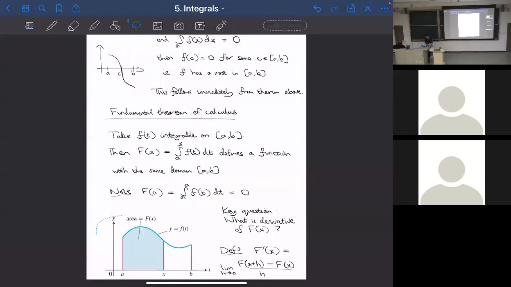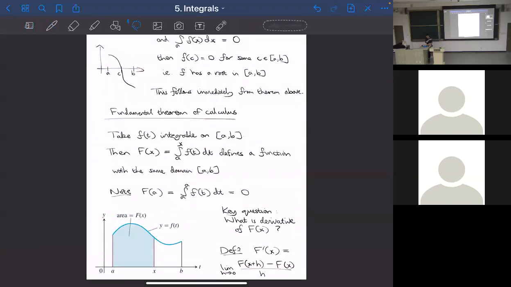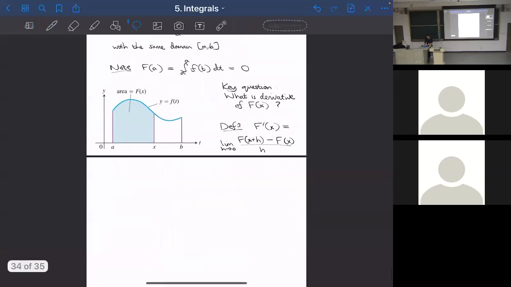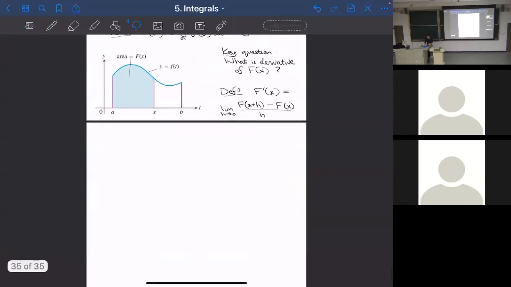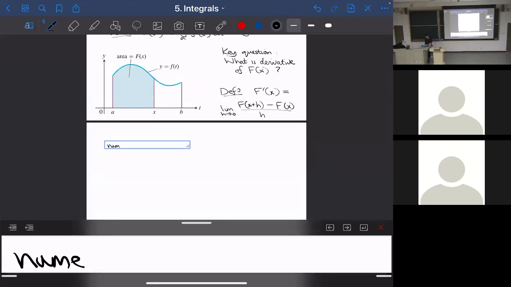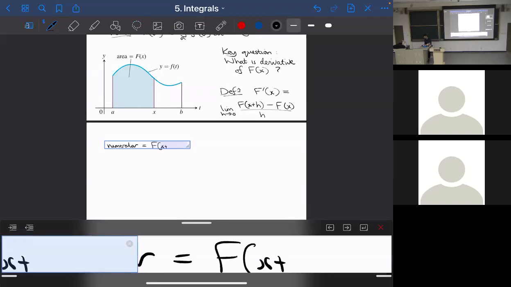Now, I've not drawn the function big F here, I've drawn the function little f. But we can evaluate this limit. So let's start by doing that roughly, and then I'll do the proof a bit later.